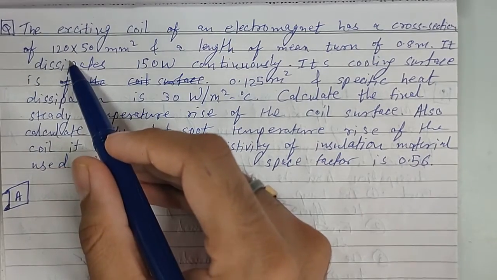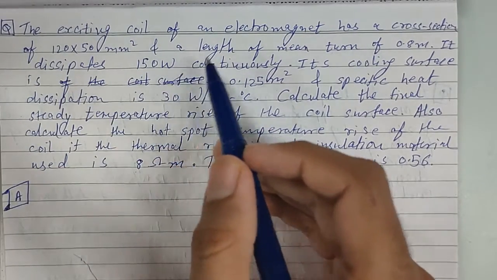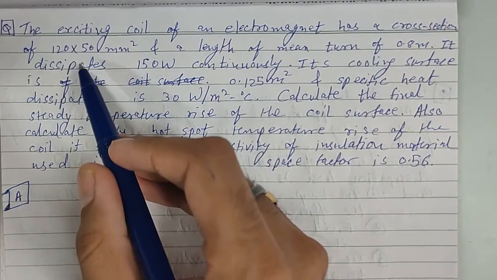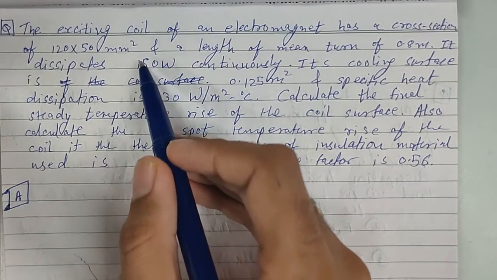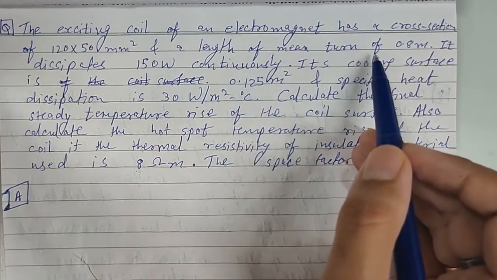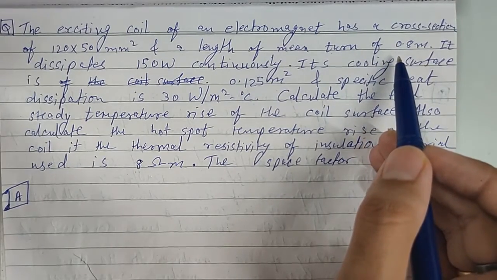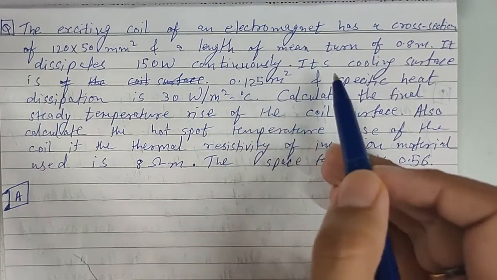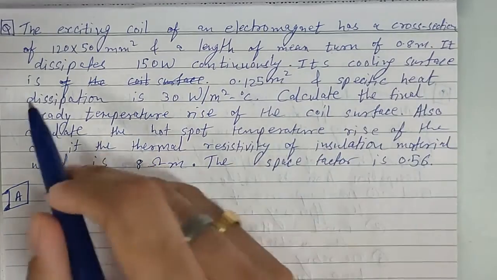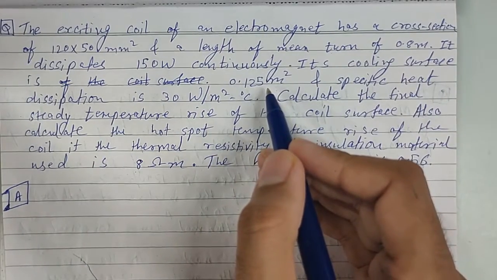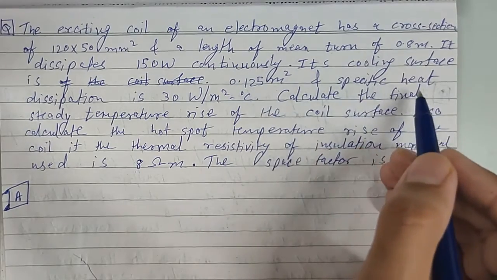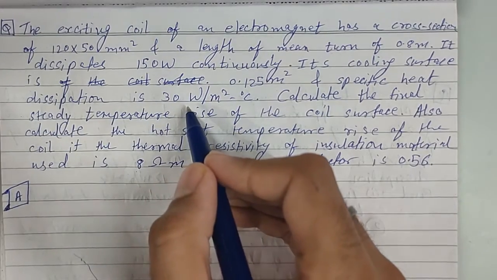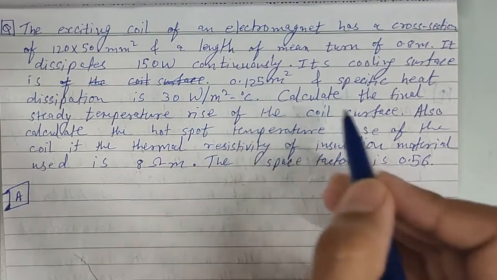The existing coil of the electromagnet has a cross section of 120 into 50 millimeters square and a length of the mean turn of 0.8 meters. It dissipates 150 watts continuously. Its cooling surface is 0.125 meters square, and the specific heat dissipation is 30 watt per meter square degree centigrade.